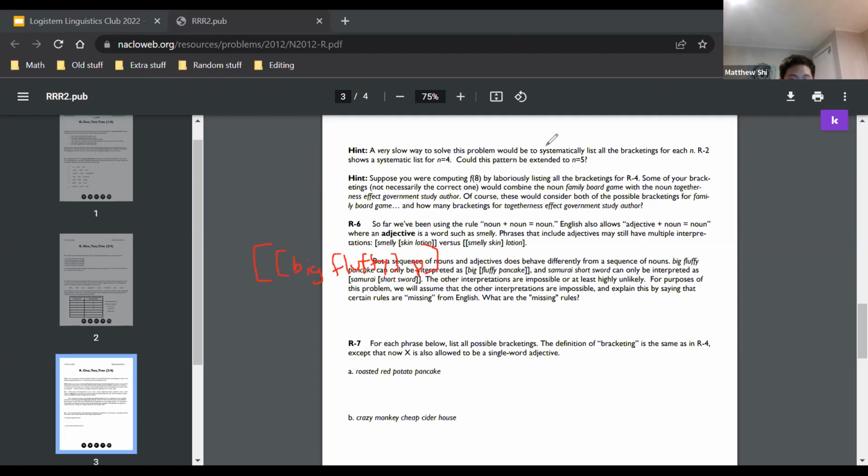And again, if we're to get samurai short sword in this configuration, then we'd have to have noun plus adjective equals adjective, or noun plus adjective equals noun.